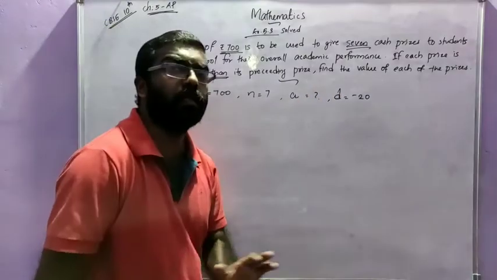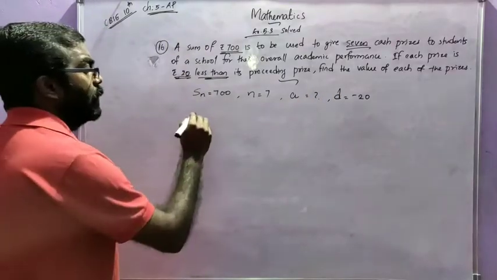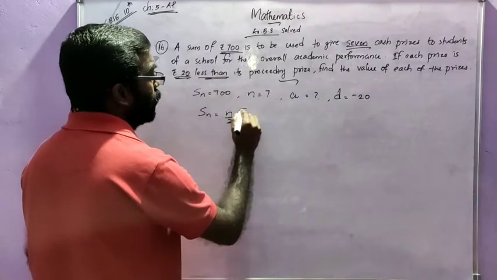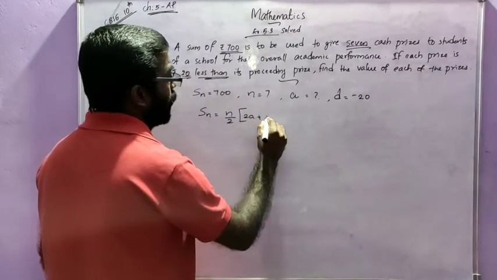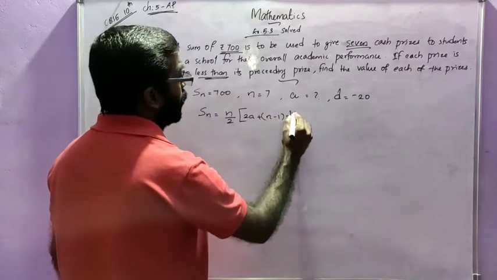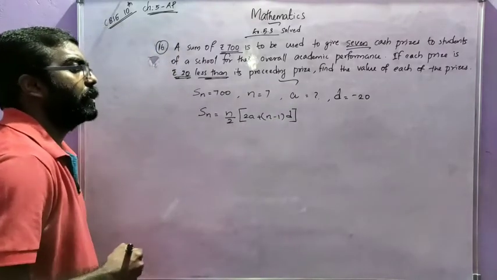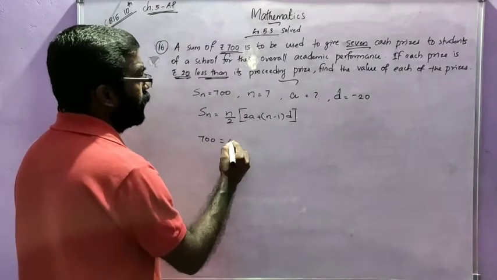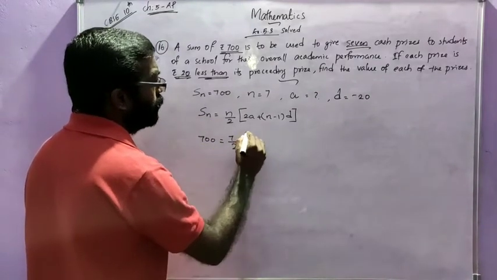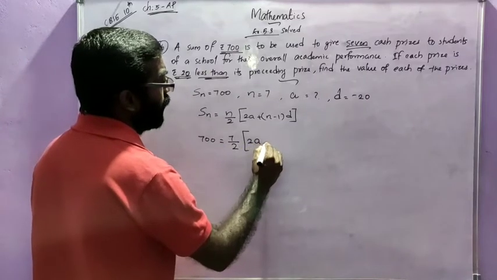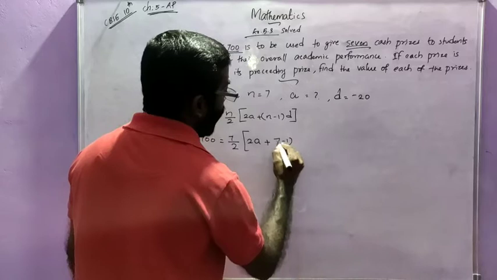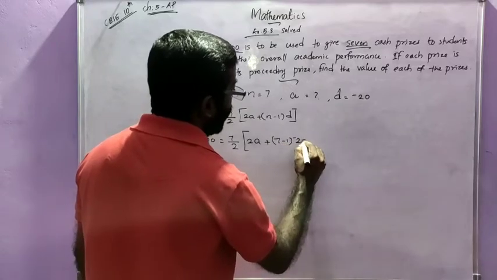Now we can write the formula Sn is equal to n by 2 into 2a plus n minus 1 into d. We can replace the known values. Sn is 700, n is 7, so 7 by 2, 2a, a we have to find out, then plus 7 minus 1 into d, d is minus 20.